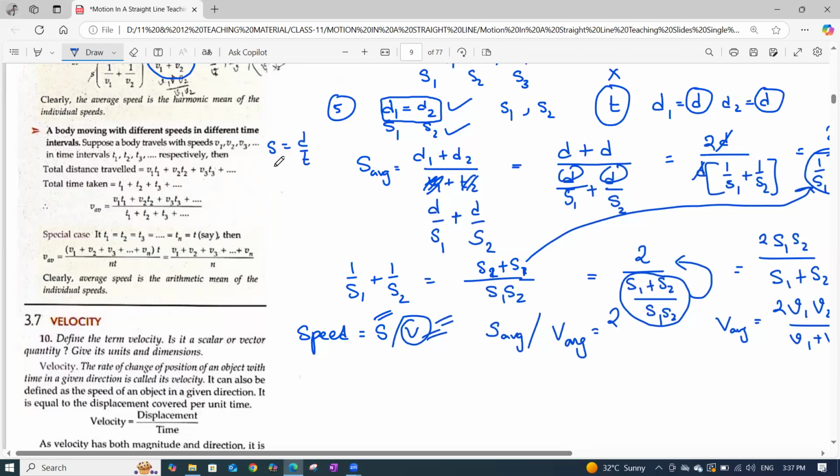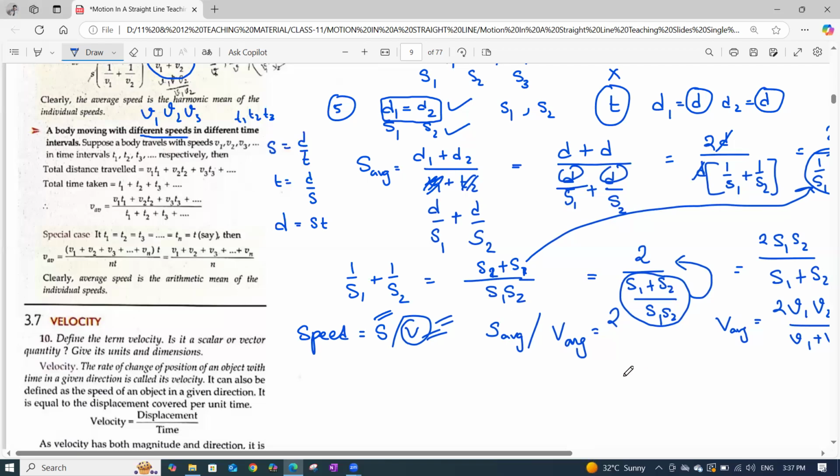From this, time is equal to distance by speed. Again from this, distance is equal to speed into time. Now the body is moving with different speeds, which we can take as v1, v2, v3, etc., and different time intervals t1, t2, t3.